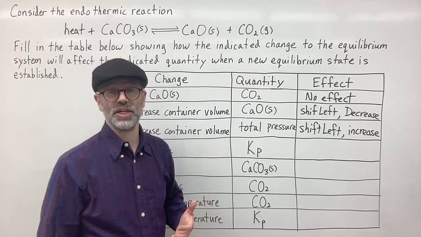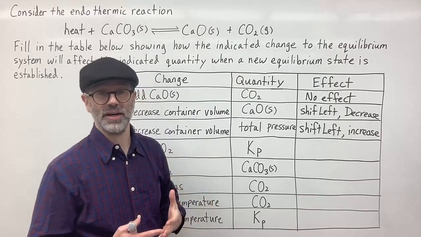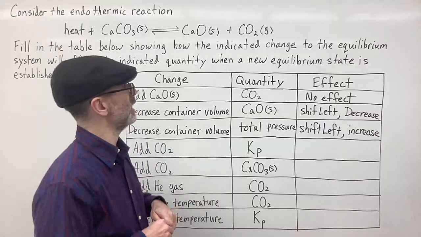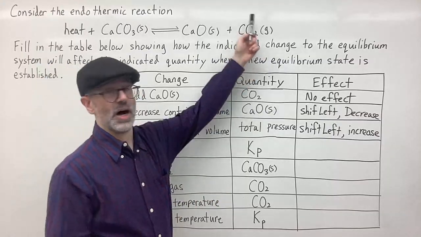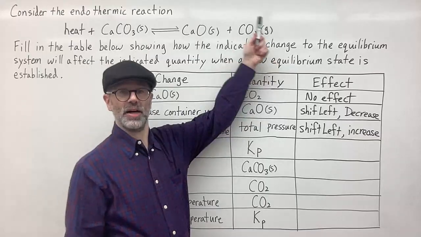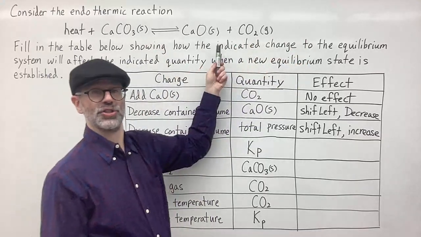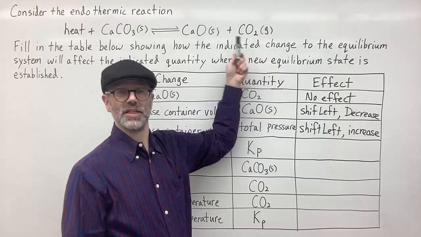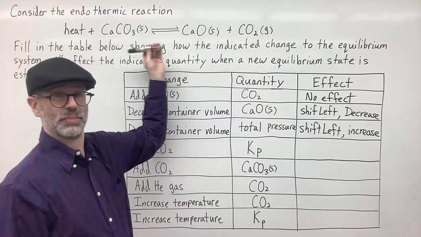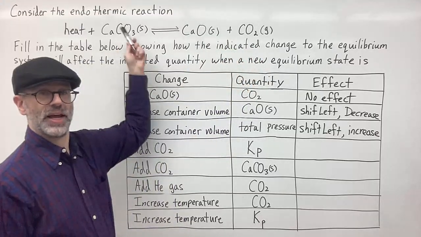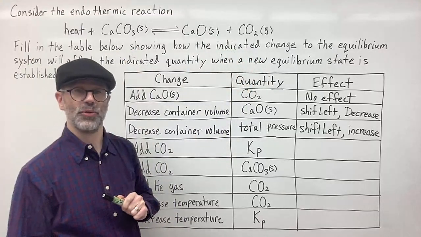So the system is going to shift to get rid of that product, as much as it can, to reach equilibrium again. So again, I'm adding product, so it's going to shift in this direction in order to use up some of that product to get back to equilibrium. So it's going to use up the CO2 and it's going to create more CaCO3.